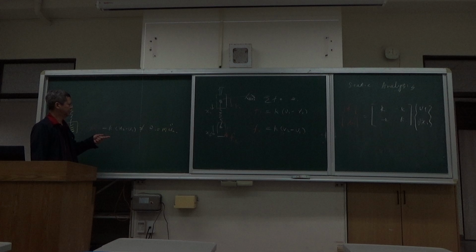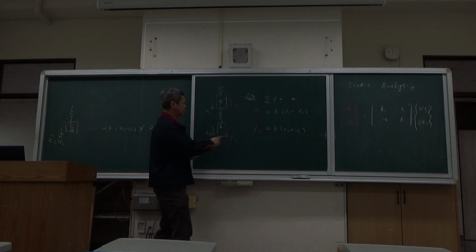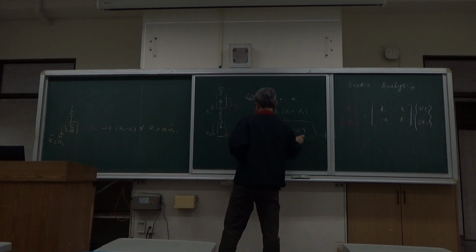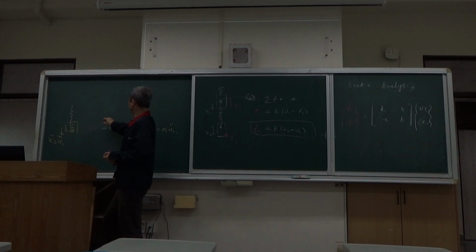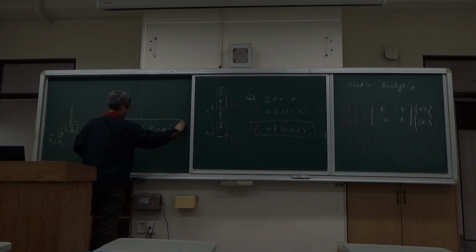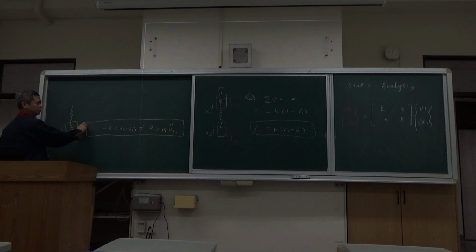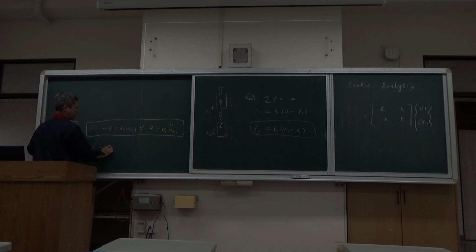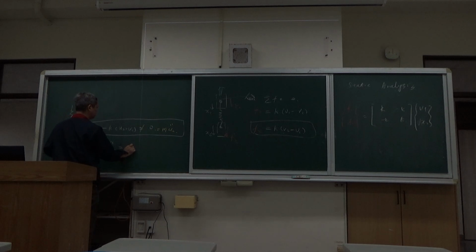So meaning these two equations are similar, but I have to rearrange them. How do I rearrange them so that it's solvable? As we did, we write this external force F2, but now we have m U2 double dot equal to K(U2 minus U1).